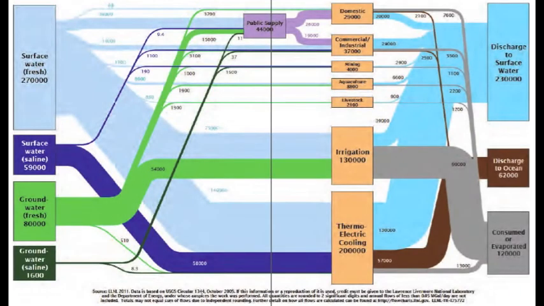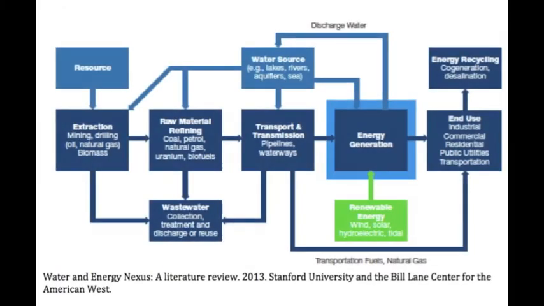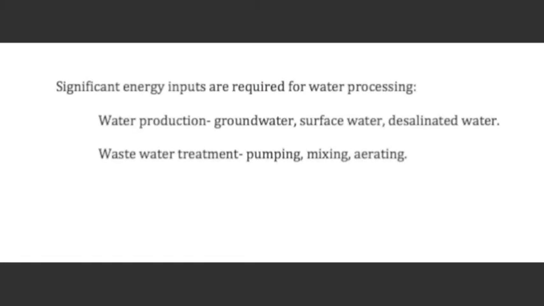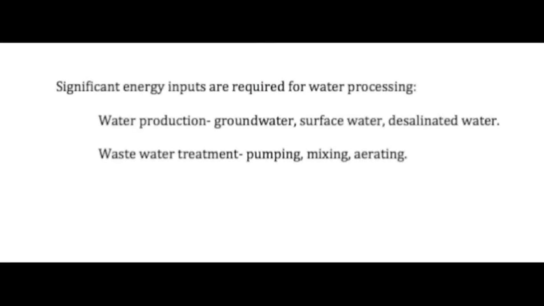And you can see here that surface water flows through thermoelectric cooling plants is a significant usage in the US, and the water embedded in energy is not just for cooling plants, it's across the life cycle of the resource extraction, from mining, processing, transportation, energy production. So energy production is water intensive, and water production is energy intensive. Significant inputs are required for water treatment and wastewater treatment.